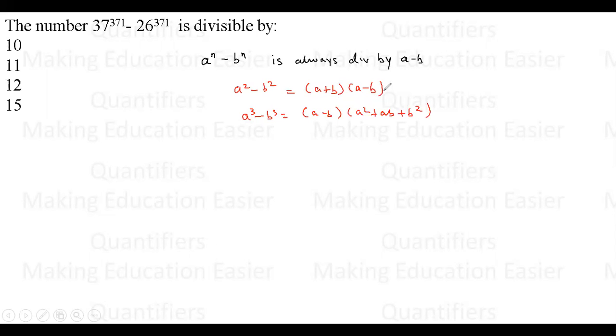So from here you can easily figure out that this term will definitely be divisible by 37 minus 26. So this has to be 11. So option 2 is the answer, right? I hope it is clear to everyone. Now let's see the next question.